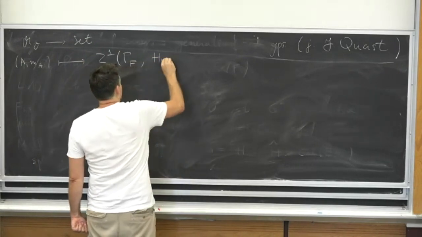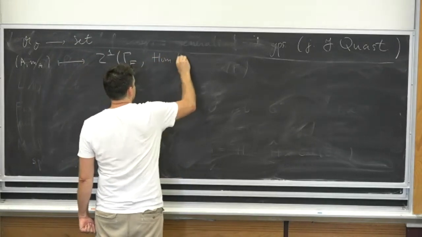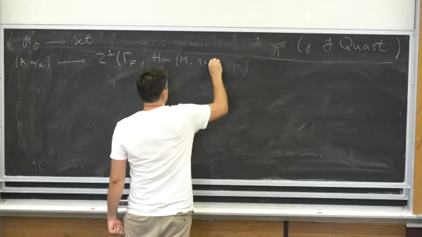And you take Hom as a Boolean group, simply M to 1 plus M.